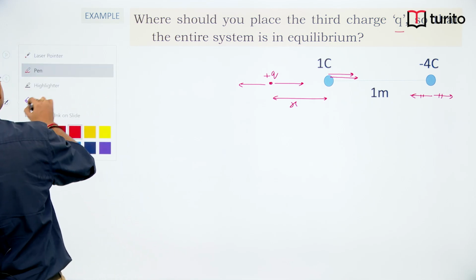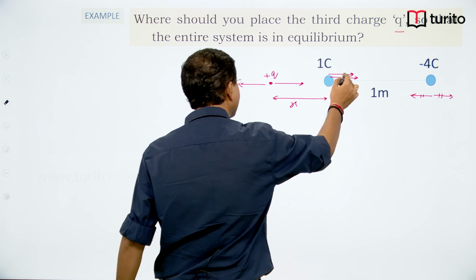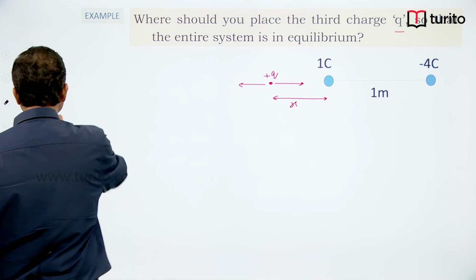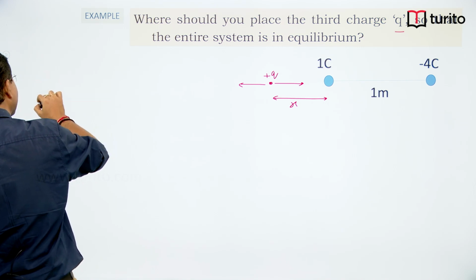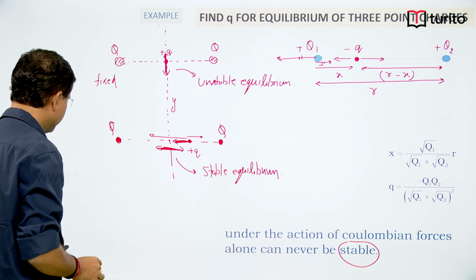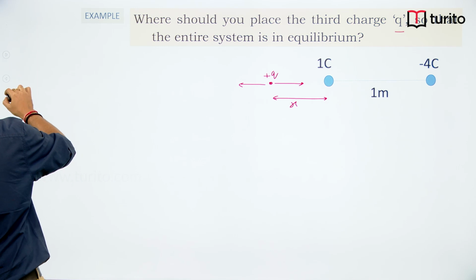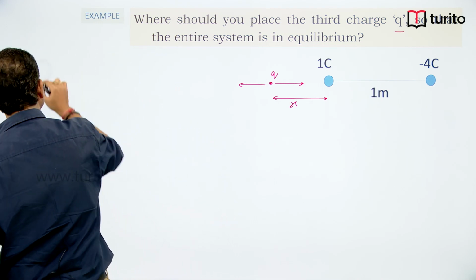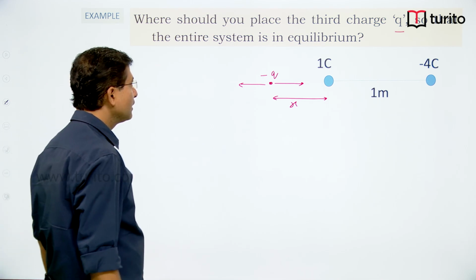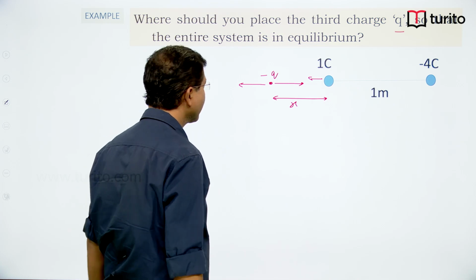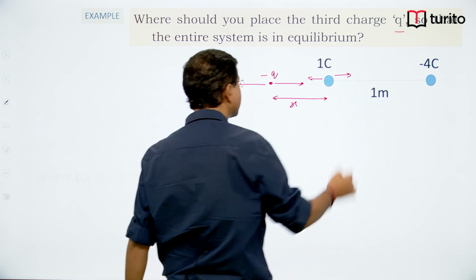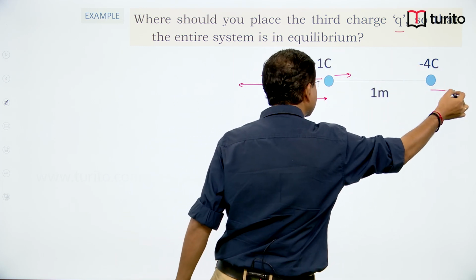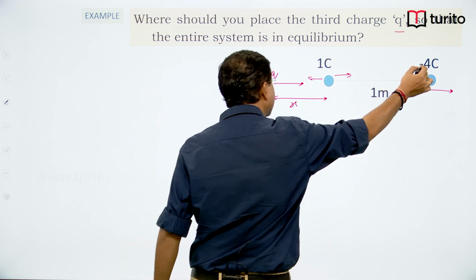Now, if I make this charged particle negative, then this will attract this one in this direction, and this one will attract this one in this direction, okay, and this negative charge will repel this one in this direction, and this positive charge will attract this negative charge in this direction.